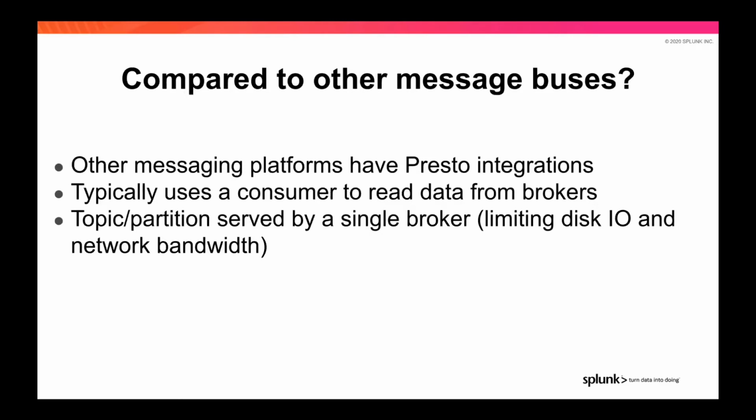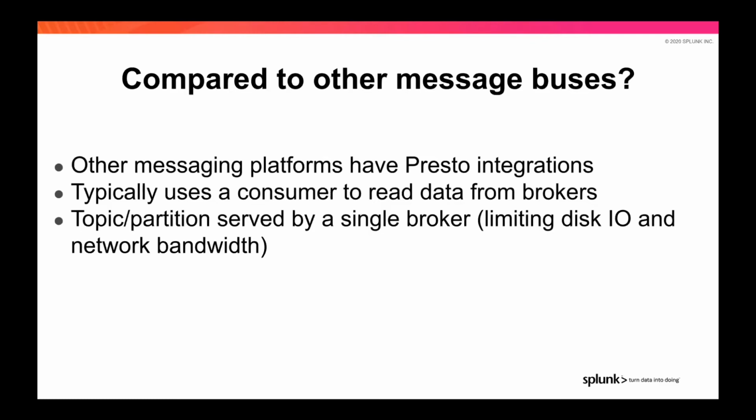But the problem with that is, using a consumer to read from a message bus, those workloads are optimized for latency, while on the reverse side, for analytics, all we really care about is throughput. We want to be able to read all data out as fast as we can, and we don't care about per message latency.